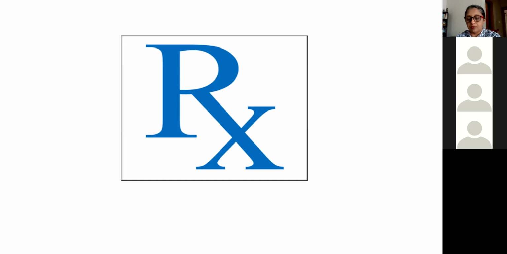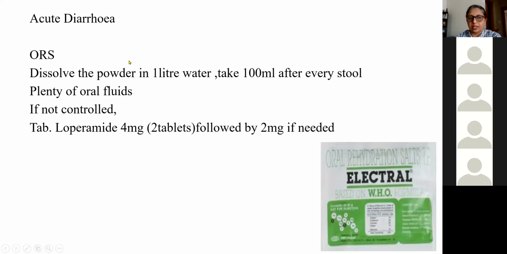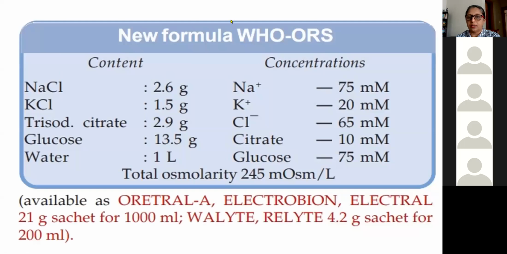Okay, no problem. So she has said ORS, oral rehydration salt or solution. This is the picture of oral rehydration salt. This WHO ORS consists of sodium chloride, potassium, trisodium citrate, glucose, and water. We have already seen all these things.